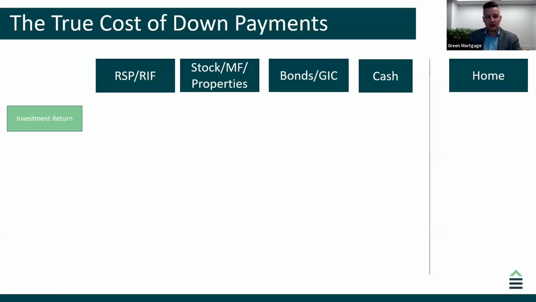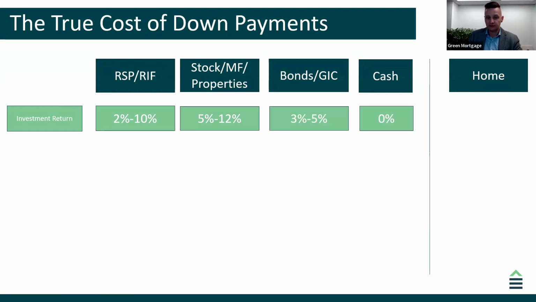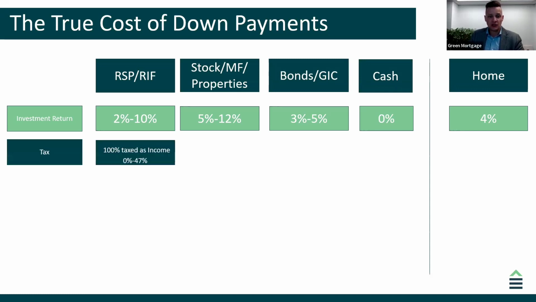The reality is, although a reverse mortgage has a cost, remember that depending on what the money is invested in right now, if you pull it out of a reverse mortgage, you have to pay an interest cost on it. If you pull it out of your investments, there's also an investment return that you're losing out on.